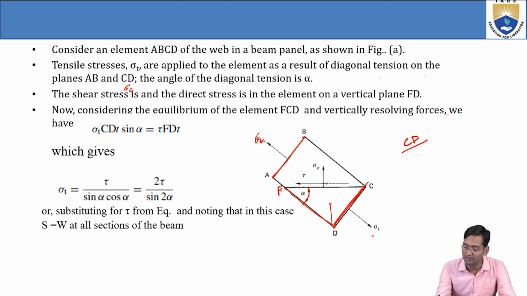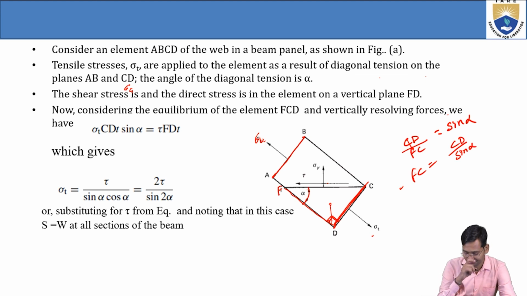This is the perpendicular and this is the hypotenuse, so perpendicular by FC will be sine alpha. This is the 90 degree, so this will be the perpendicular. From here we can say CD equals FC sine alpha, so FC is equal to CD by sine alpha.